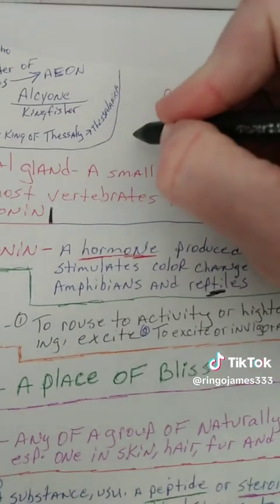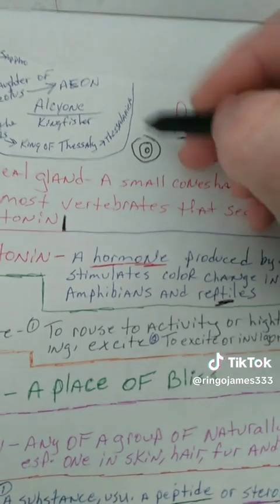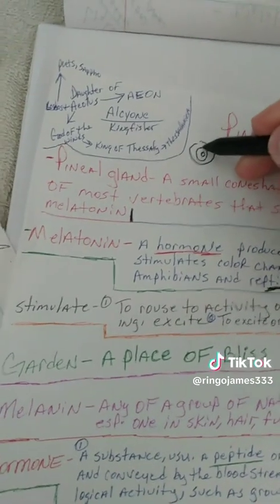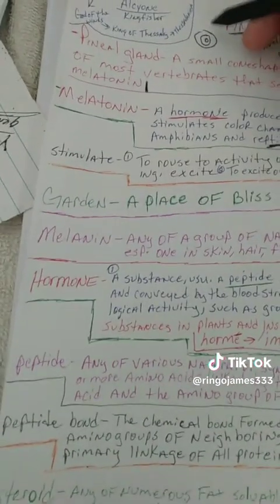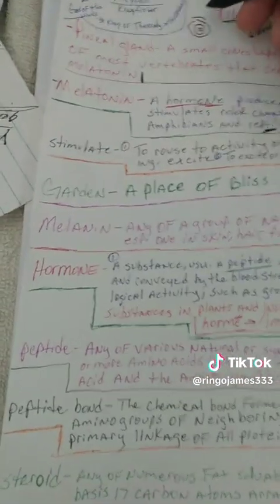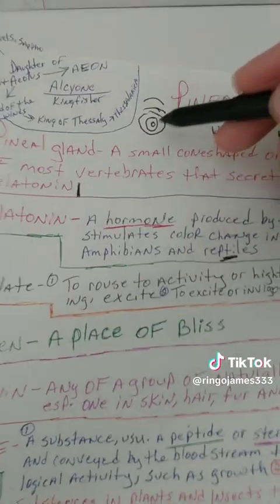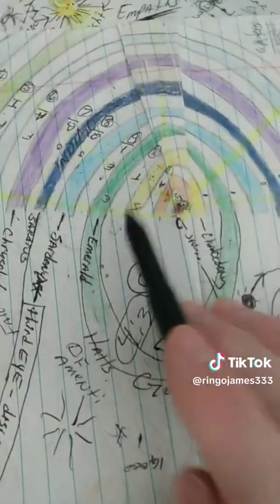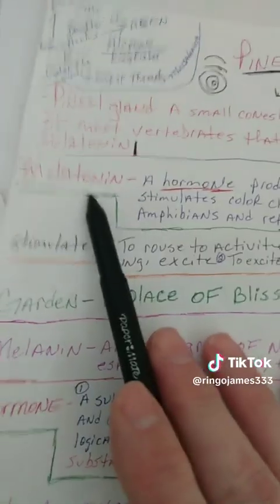Now, what it does is this melatonin is just like the light. It has layers. It has the melatonin. It has the stimulant. It has the garden. It has the melanin. It has the hormone. It has the peptide. It has the steroid, on and on and on. Everything is in layers, even from light. If we didn't have light, we would not have melatonin.